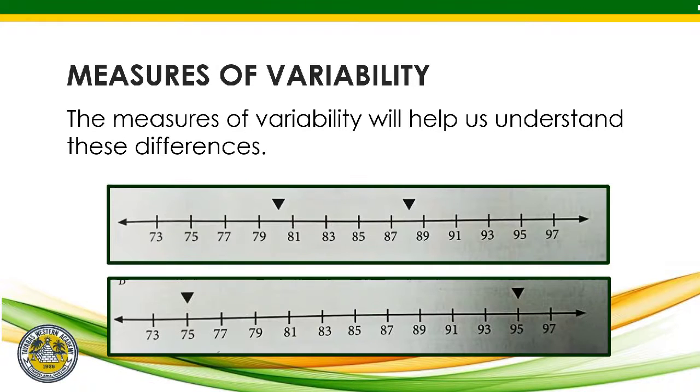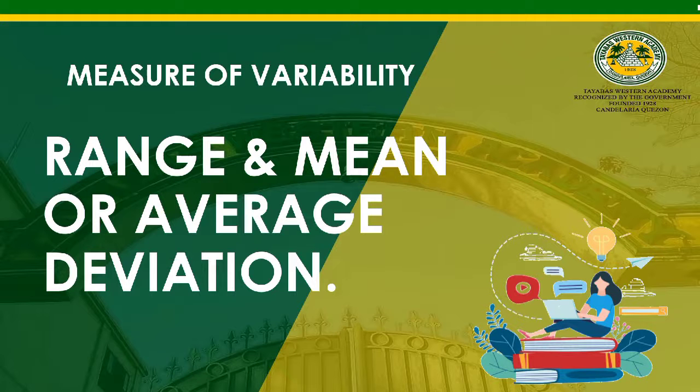Here, the measures of variability will help us understand their differences. In set B, they greatly differ from each other, while in set A, they are slightly different from each other.